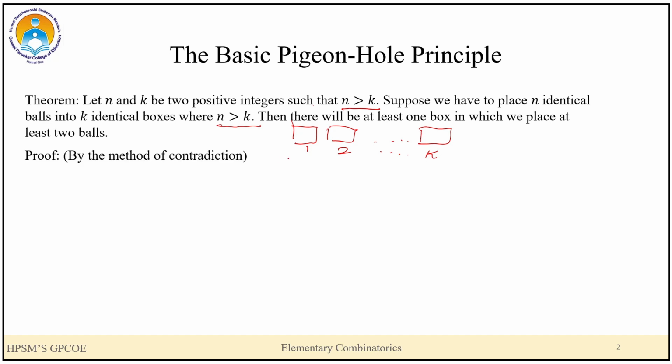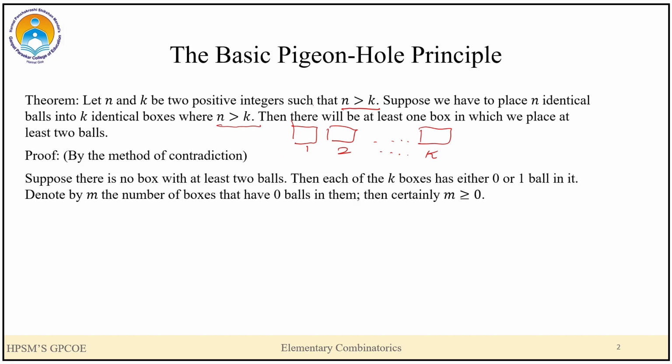So, proof by the method of contradiction. Suppose there is no box with at least 2 balls, then each of the k boxes has either 0 or 1 ball in it. Now let us denote by m the number of boxes that have 0 balls in them. Then certainly m will be greater than or equal to 0.